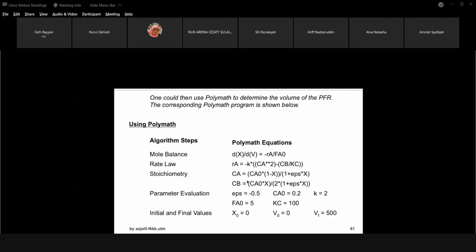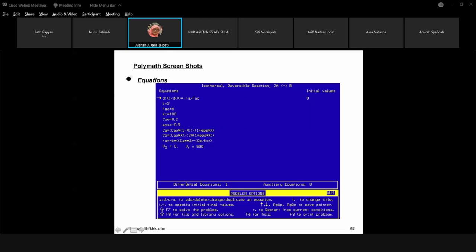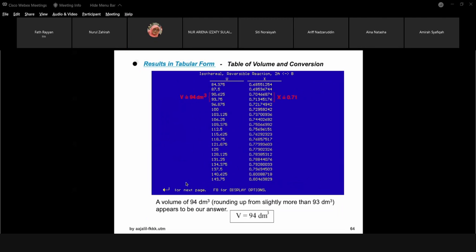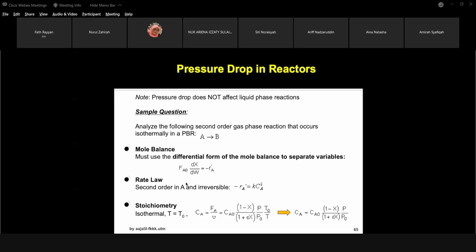If it is the new one, you can get Polymath in the CD, then you can install it in your computer. Okay, that's all. The two objectives are already achieved for Chapter 4.